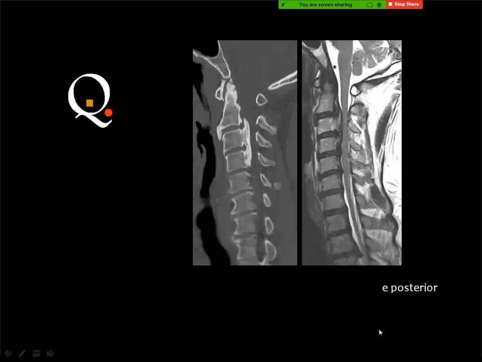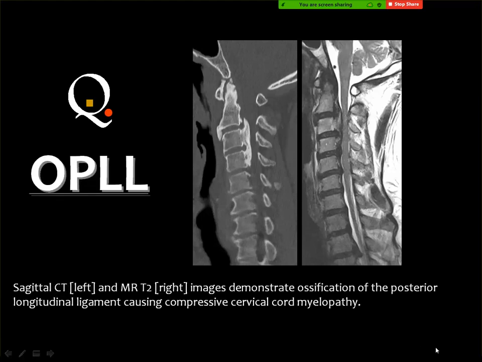OPLL. Yes, ossification of the posterior longitudinal ligament. And here there is also anterior ossification, OALL. But I would like you to know that whenever ossification is extensive like this, sometimes it develops bone marrow inside the ossified ligament.